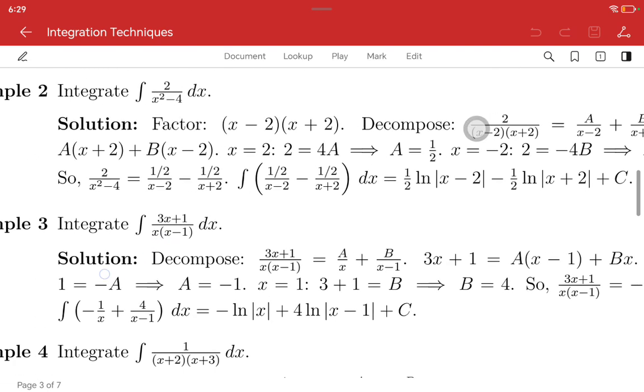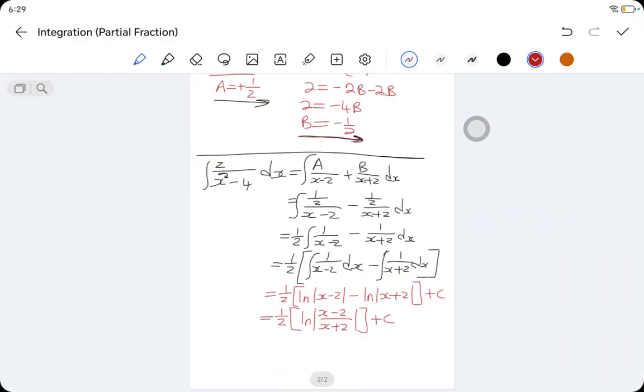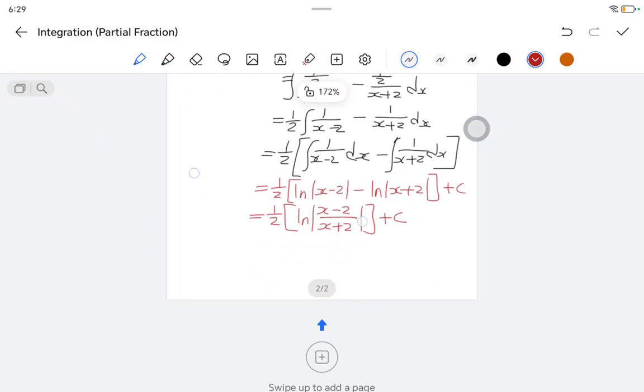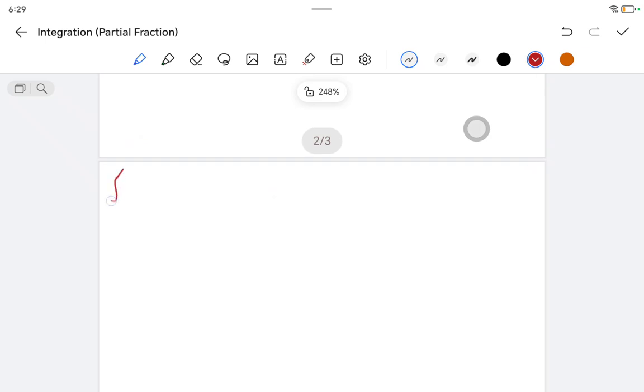Now let's look at this one. We're given the integral of 3x plus 1 over x minus 1. If we look at this, it's 3x plus 1, right?